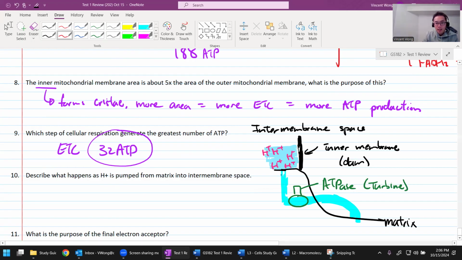So as the H plus goes back in, it's going to turn the turbine, and that will give us the ATP. So it's all about creating that H plus reservoir in the intermembrane space so that when they come back in through the ATPase, it will generate ATP for us.